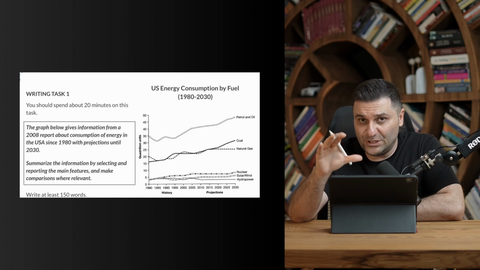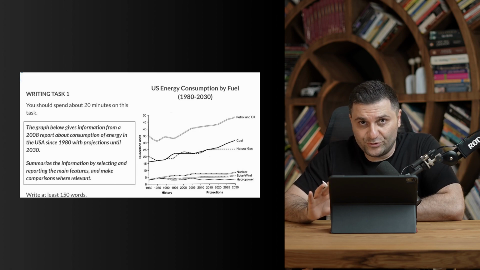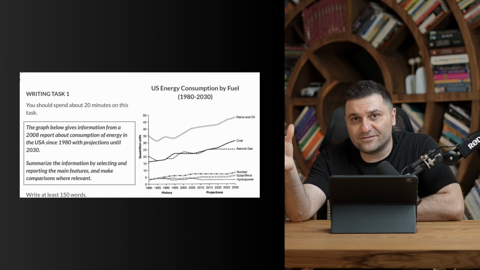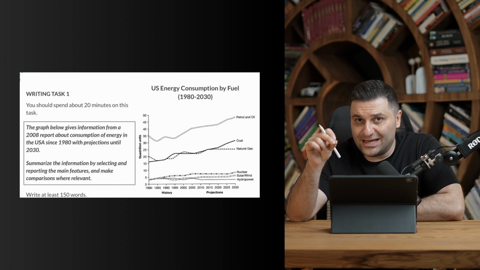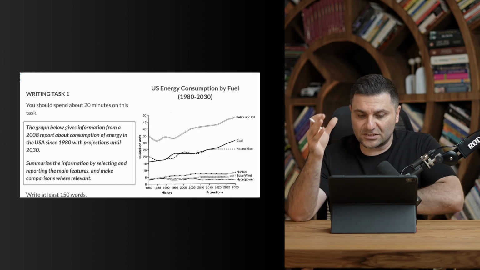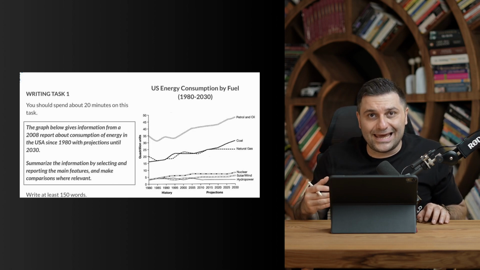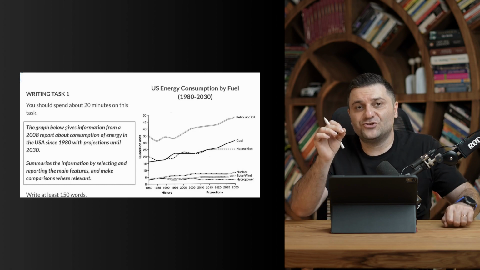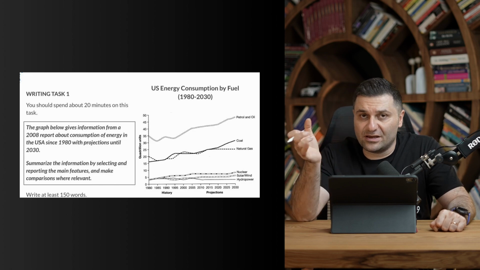We should not give any number about petrol and oil. Just mention that it is the highest point at the end of the period. And the lowest point at the end of the period in 2030 is hydropower. So we write about the beginning and end, and the highest and the lowest point in each.